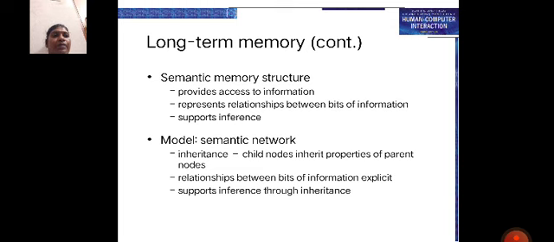Relationships between bits of information are explicit and support inference through inheritance. Provides access to information means what bits of information are needed to get a solution or get to the memory.